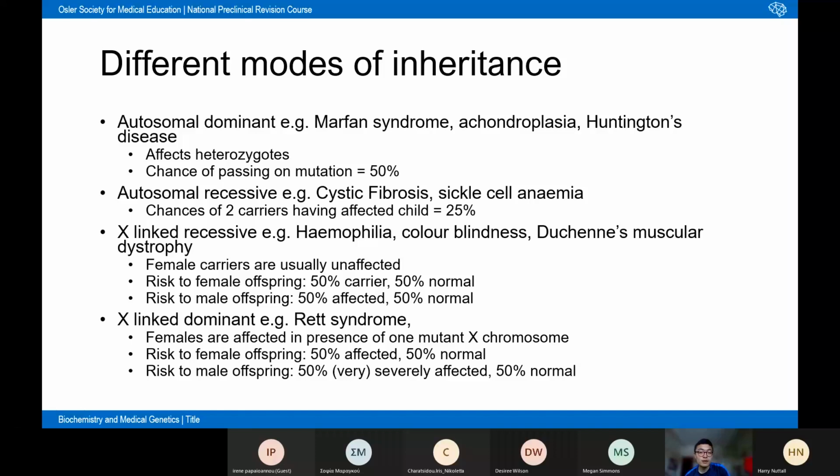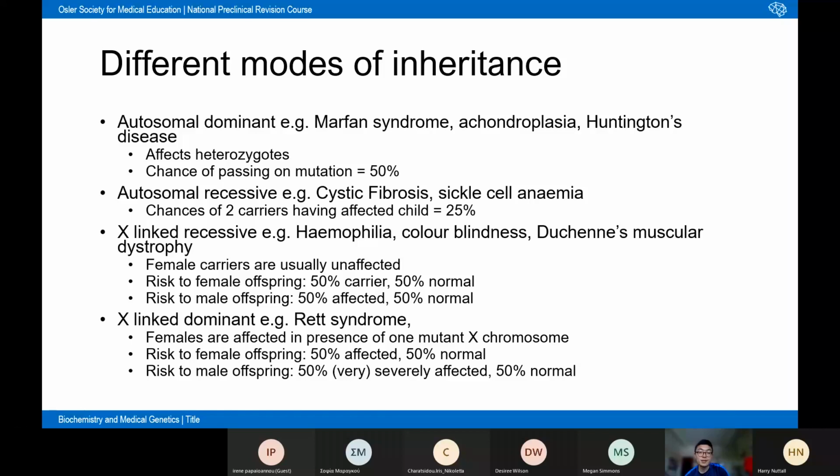So if we now turn to X-linked disorders, once again we can have X-linked recessive or X-linked dominant disorders. Examples of X-linked recessive conditions are haemophilia, colorblindness, and Duchenne's muscular dystrophy. In such cases, the females will be carriers, but they will be unaffected because of the X chromosome inactivation that we talked about earlier.